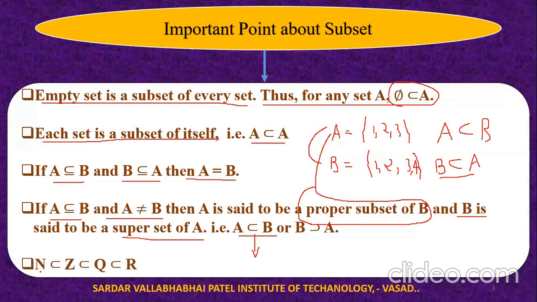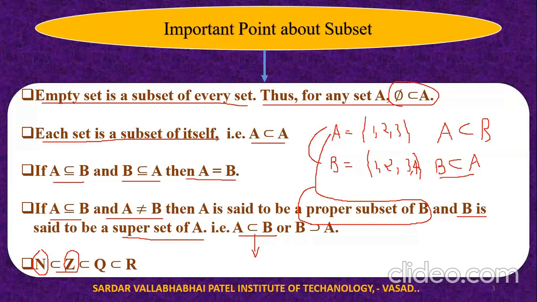The next concept: we know that N is the set of natural numbers, whose elements are 1, 2, 3 and so on. Then we consider Z is the integer set, whose elements are negative, 0 and positive.